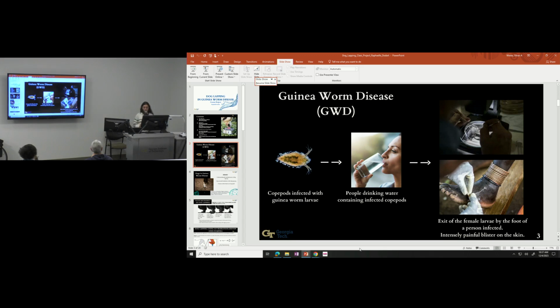Around a year later, the adult female migrates to an exit site, usually a lower limb like the foot, and induces an intensely painful blister on the skin. The wound remains painful during the worm's emergence, disabling the infected person for 3 to 10 weeks while the worm emerges from the foot. During this time, the open wound can become infected with bacteria, leading to death in around 1% of cases.